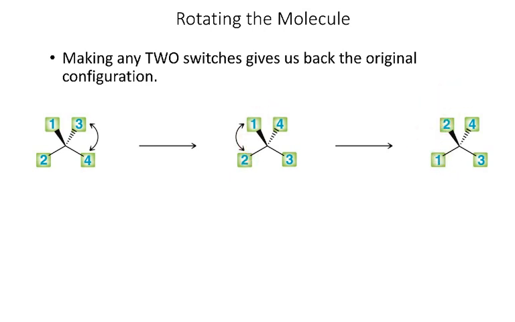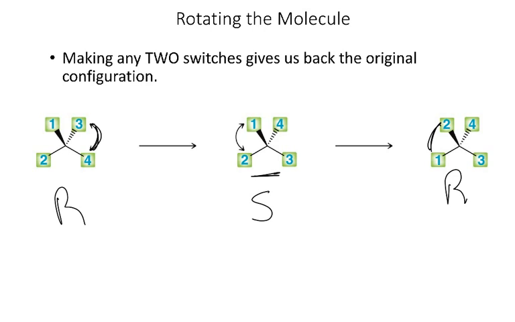And so my 4 is in the back, and so I can assign the configuration, and I'm going 1, 2, 3, I'm going clockwise, so I know that that's R. To get to that, I came from here, and to do that, I switched these 2, so that means this must be S.